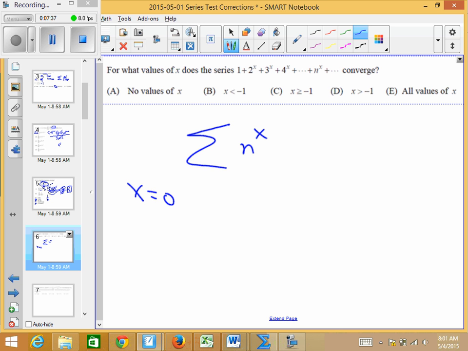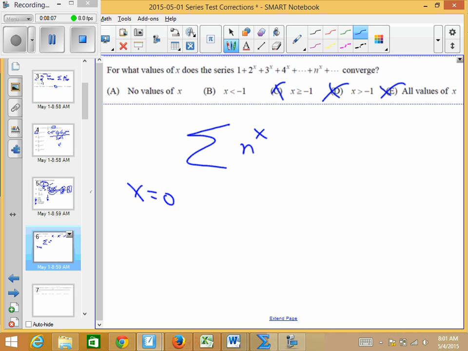You can use the 0 power as well, which gives 1. If you add up 1s forever, it diverges. So x can't be 0. That helps you get rid of some of the answers. x can't be 0, so x can't be greater than or equal to negative 1. So now I'm narrowing down to 50%.